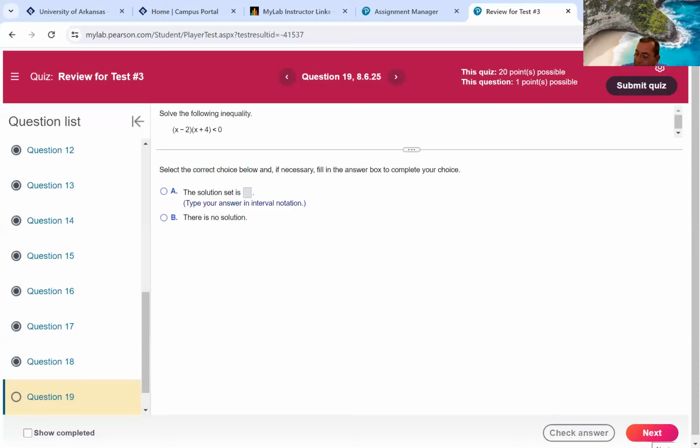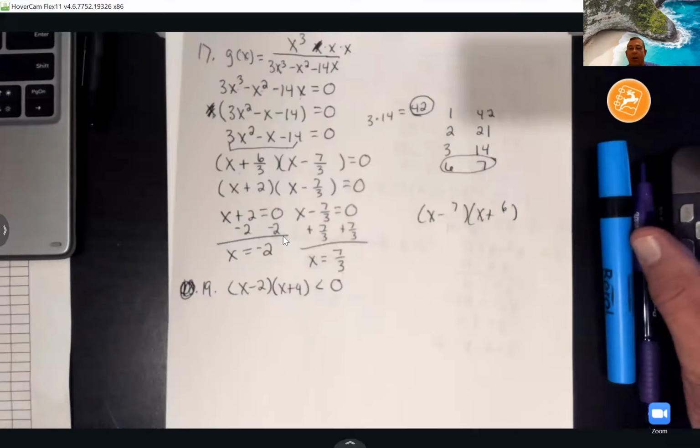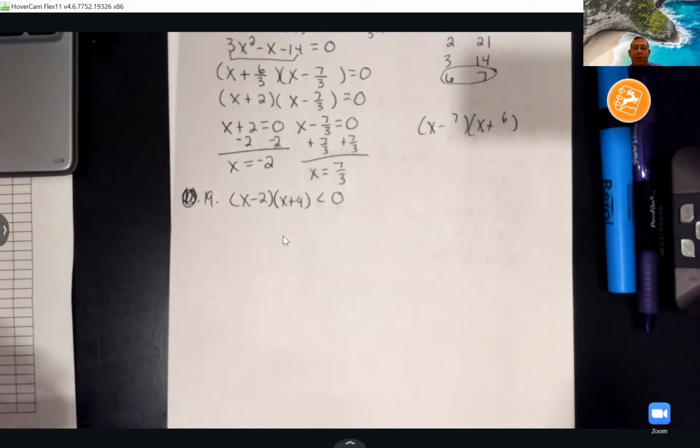All right, so that means the last two are doing the inequality stuff. So x minus 2 times x plus 4 is less than 0. Now remember, they want these answers in interval notation. So y'all remember on these ones here, 19 and 20?